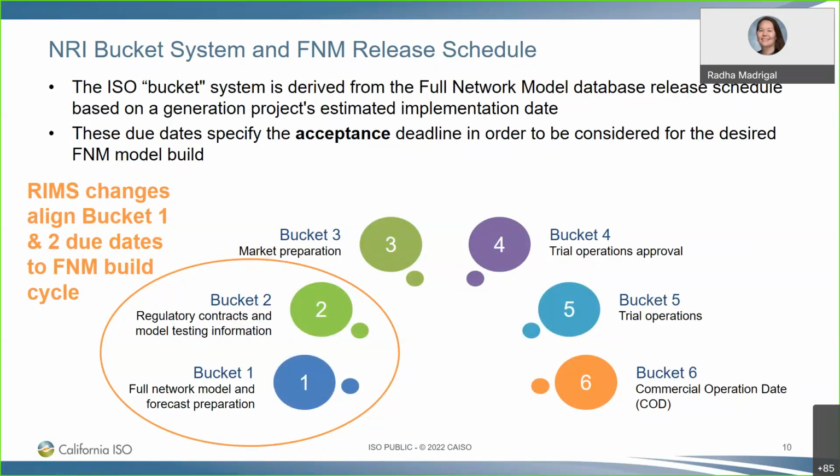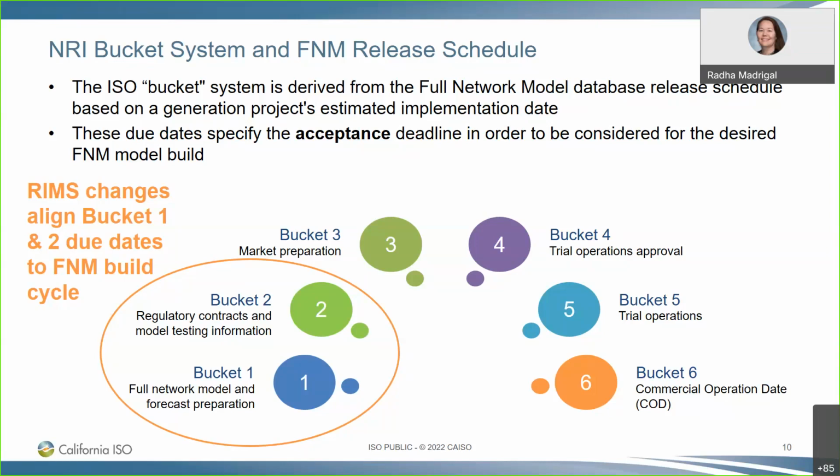And we base that on the generation project's estimated implementation date. The due dates that get set are specific to actually the acceptance of that required documentation. So these are acceptance deadlines that need to be met in order to be considered for that target full network model build that we're trying to get that resource into.